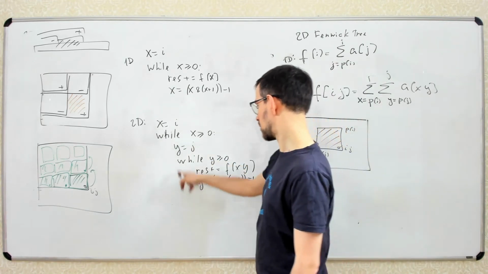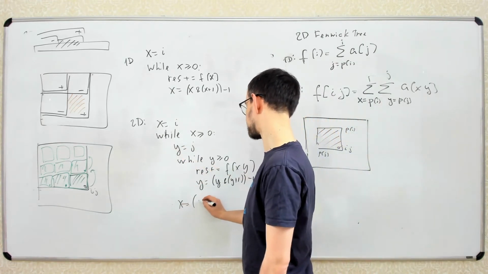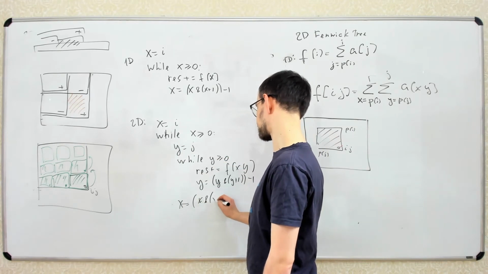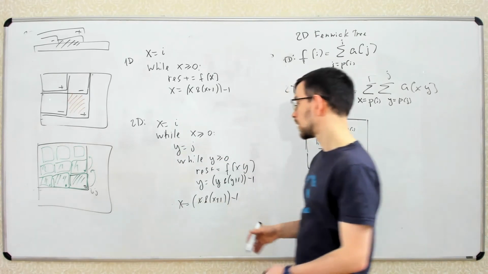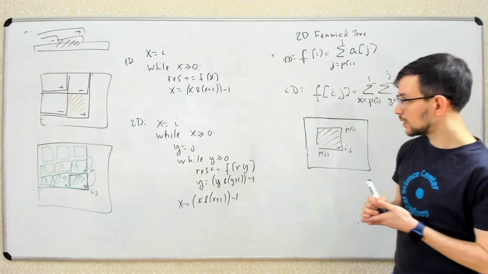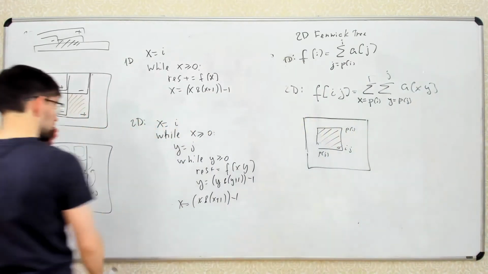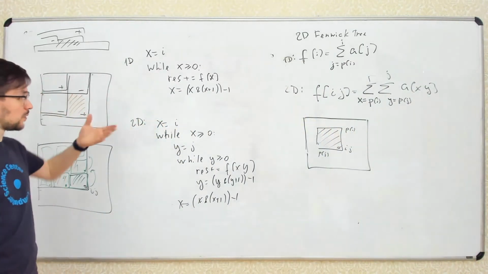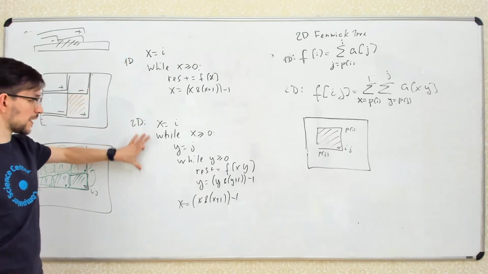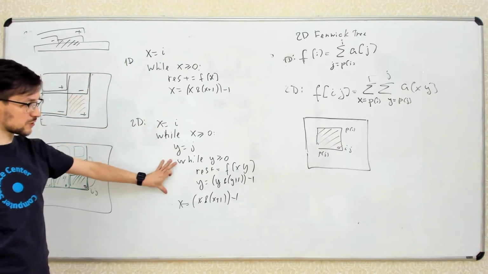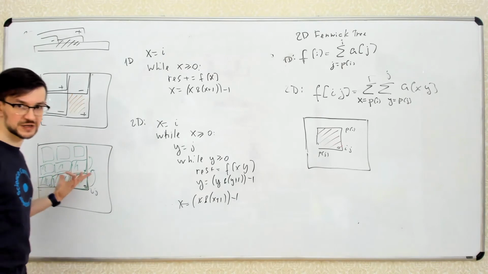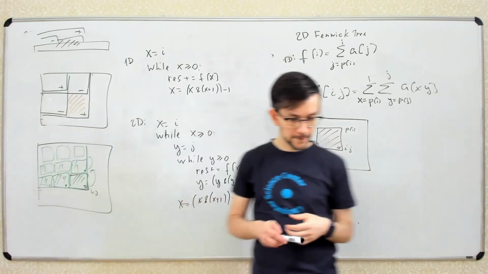And after this while, we move x. So again, that's all. You just have the same code applied twice, by the first coordinate and by the second coordinate, and in the end you will have the result.